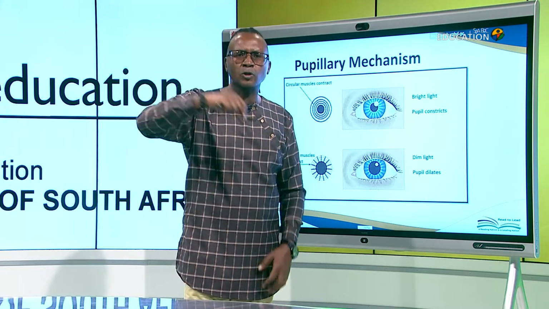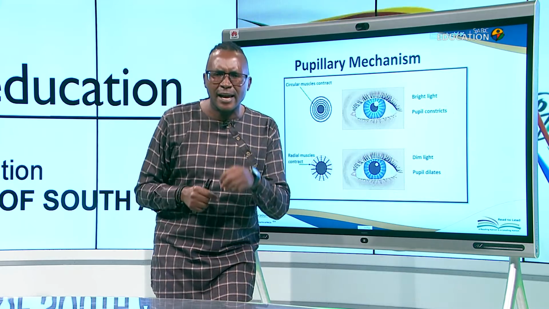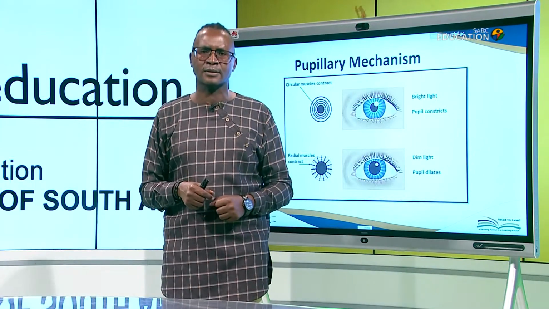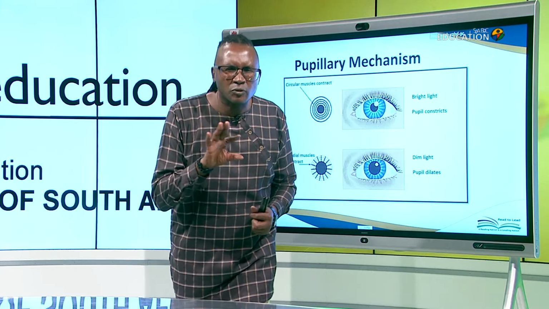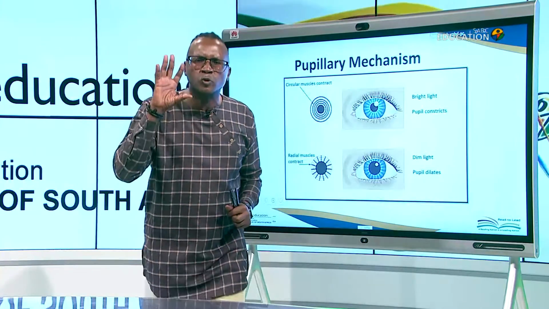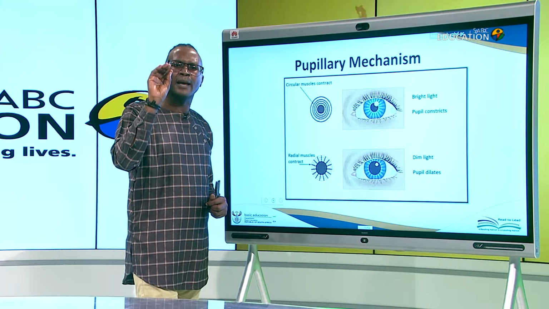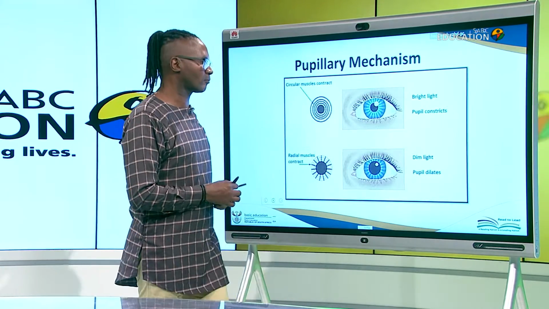Like when you went out during the night and you don't want your parents to see, you sneak inside and you don't switch on the light. It's dark, so you squint. So you're going to look at dim light and bright light.